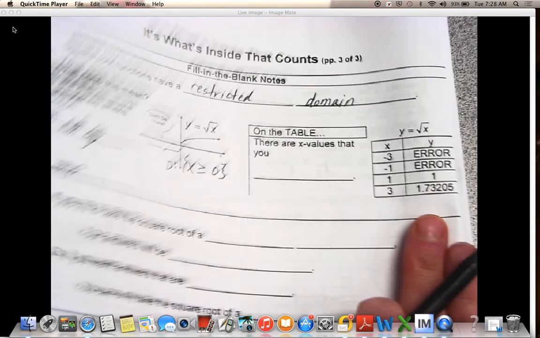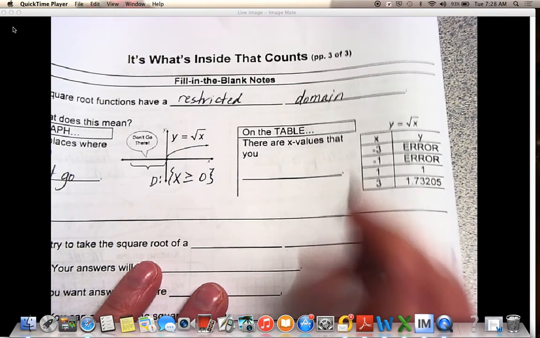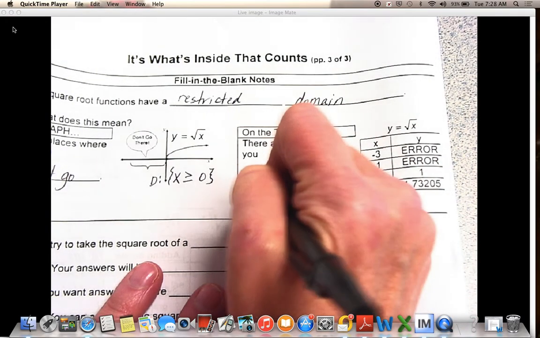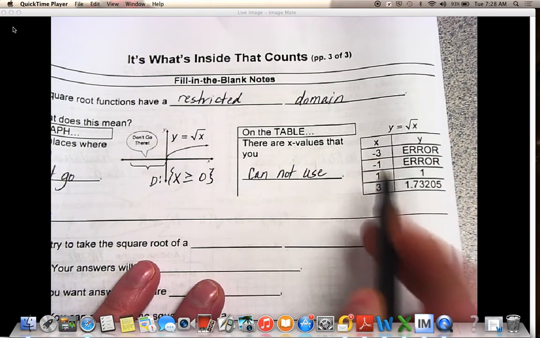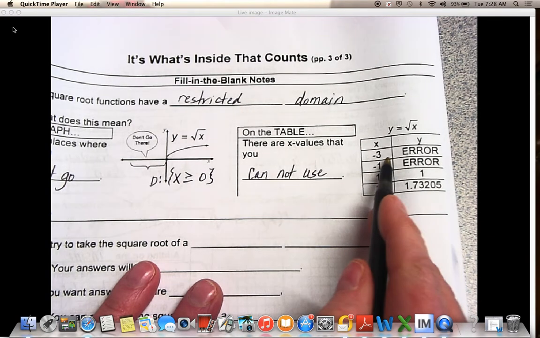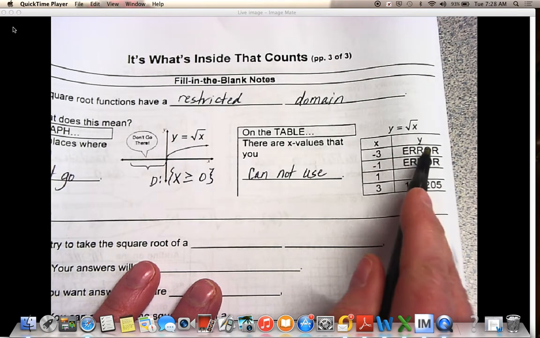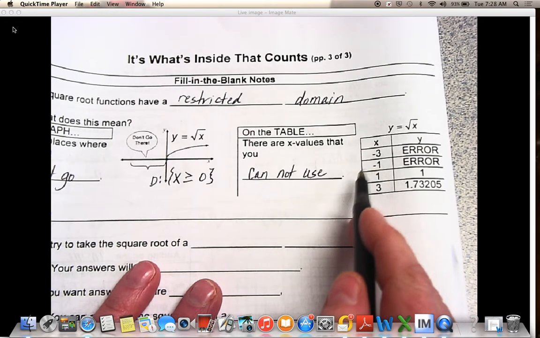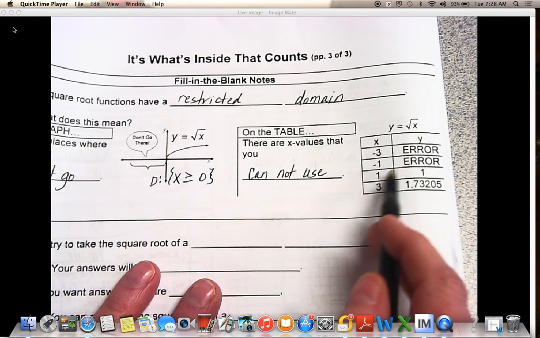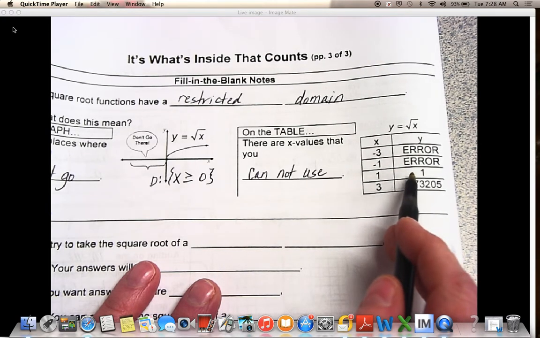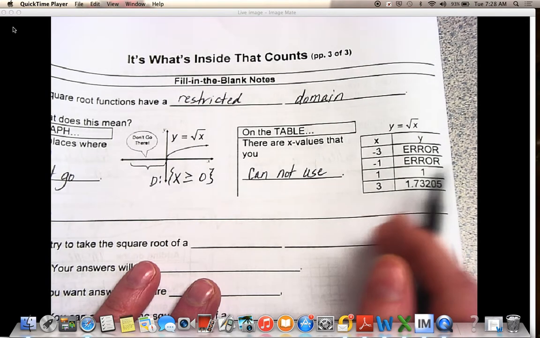There are some x values in this table that we know we just cannot use. If I look over at this table, -3, I don't want to use that because it gives me an error. A -1 also gives me an error. So what I want to do is look at the x values, where they start working, and that's where my domain would start.